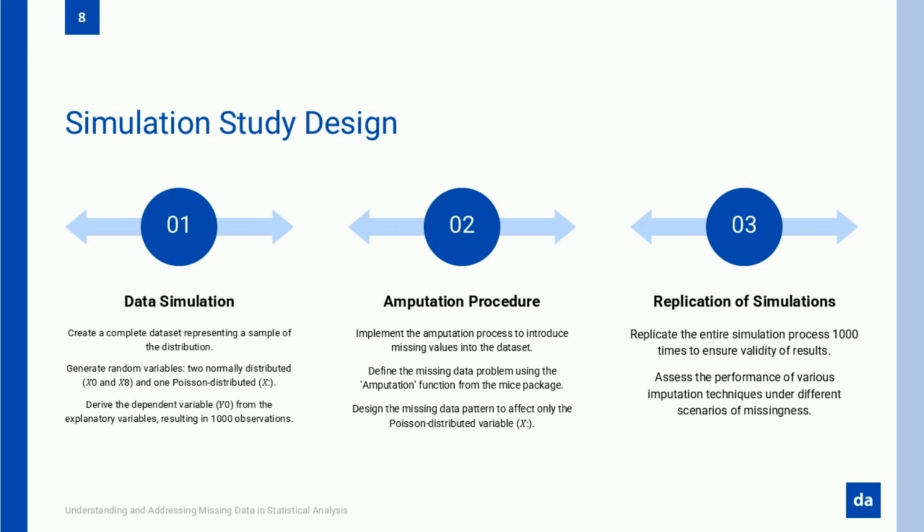The simulation study design is more than just an academic exercise. It's a practical tool for answering key questions in data analysis. How do imputation methods perform under different missing data scenarios? Which method produces the least bias and most accurate results? What are the trade-offs between simplicity, precision, and computational effort?